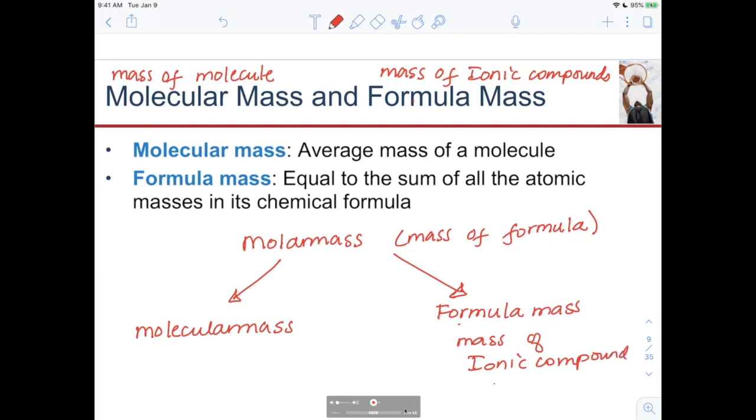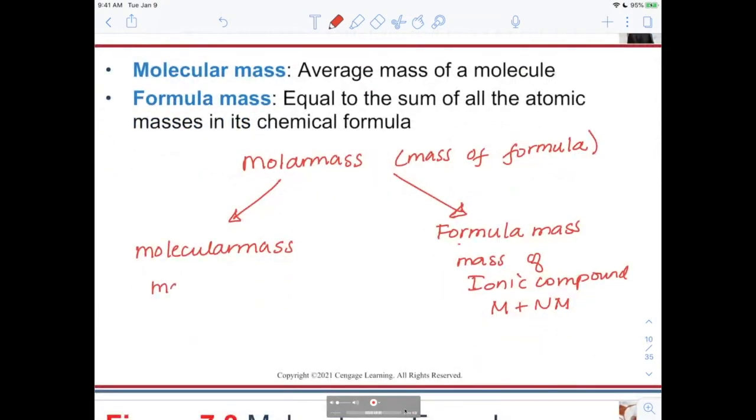An ionic compound usually has a metal combined with a nonmetal. Molecular mass is usually the mass of a covalent compound. And a covalent compound is usually a nonmetal combined with a nonmetal.